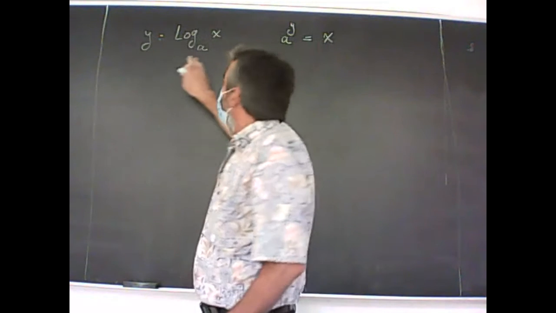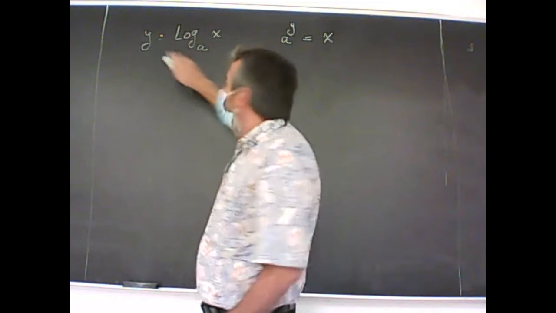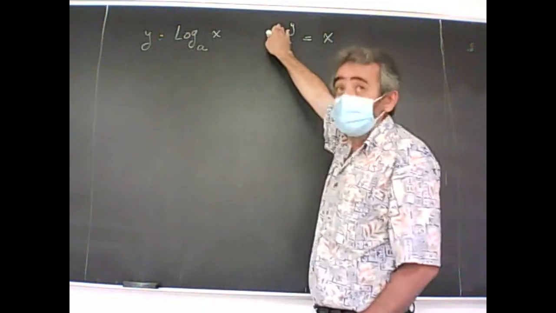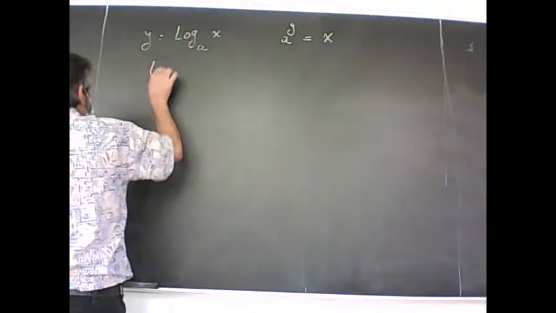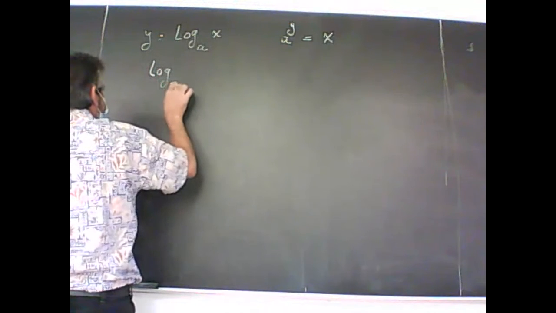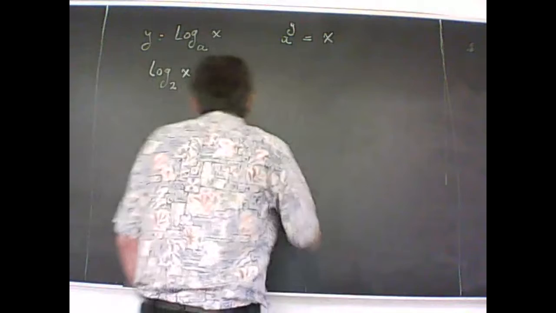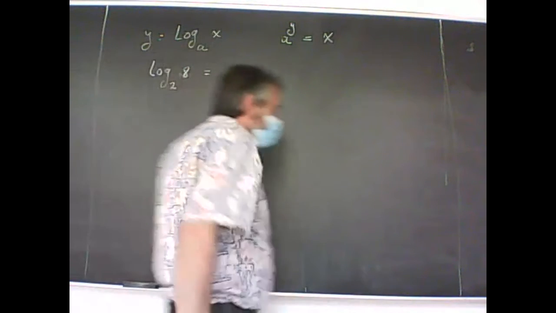So another way, what number do I raise a to get x? And according to this, you raise it to the y. Let's take an example. Log base 2 of x. Oops. Let's make that 8 equal.